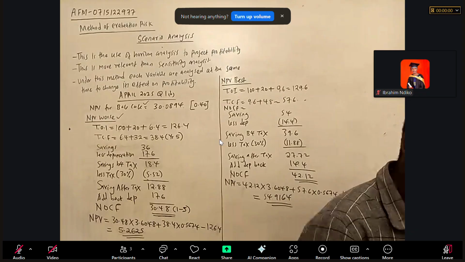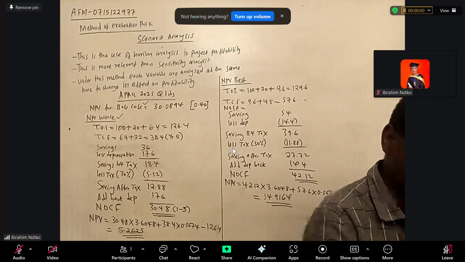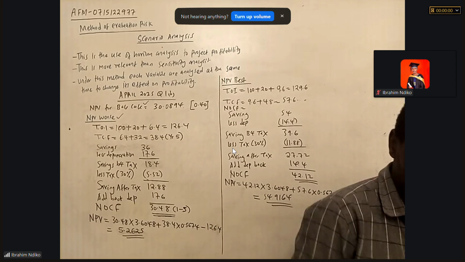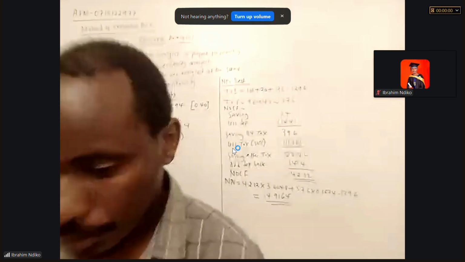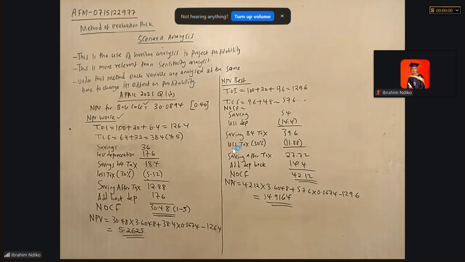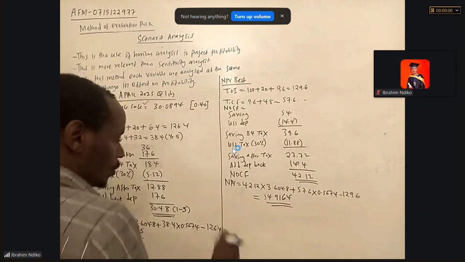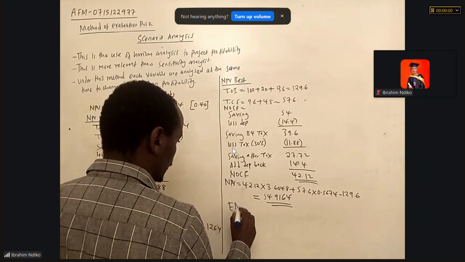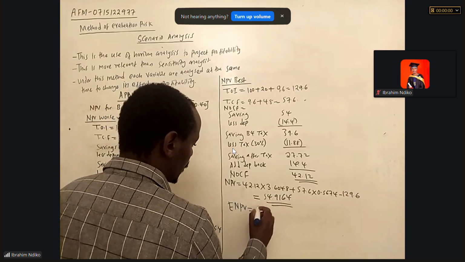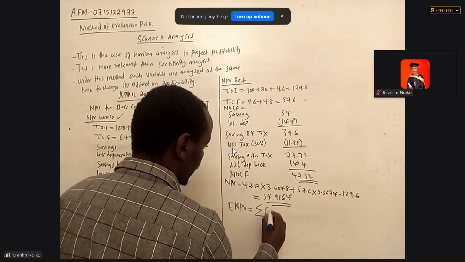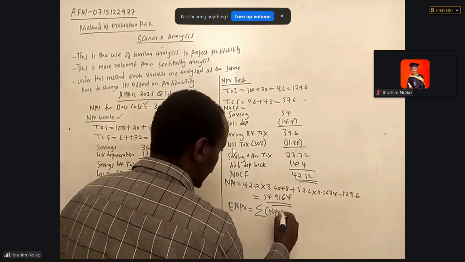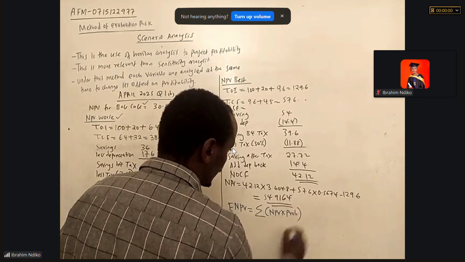Yes. Now let's go back to our question. What was the requirement? The project expected net present values. So expected net present value. You're supposed to take the summation of NPV times probability.